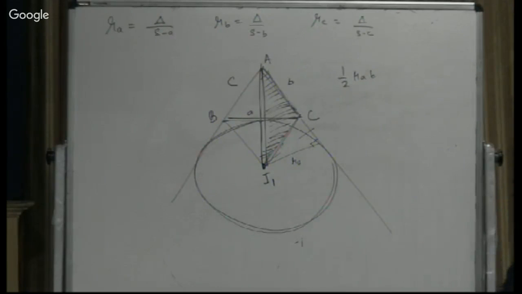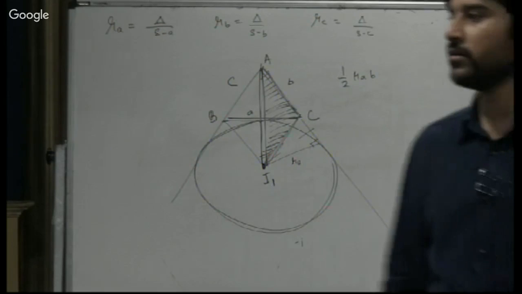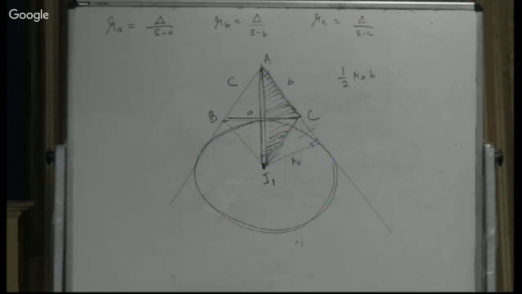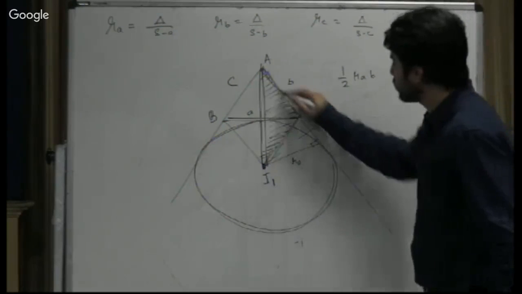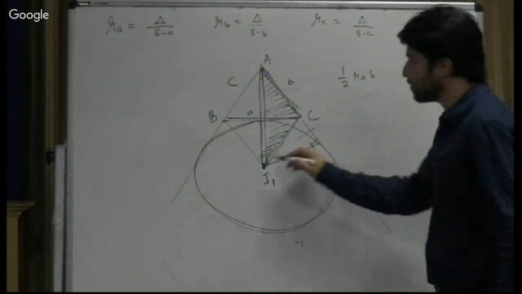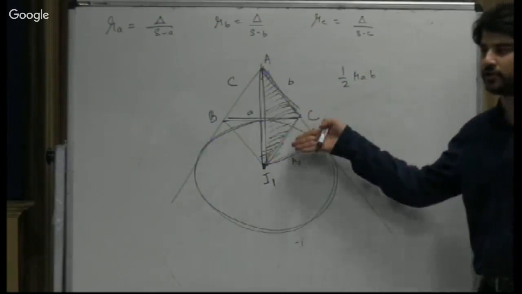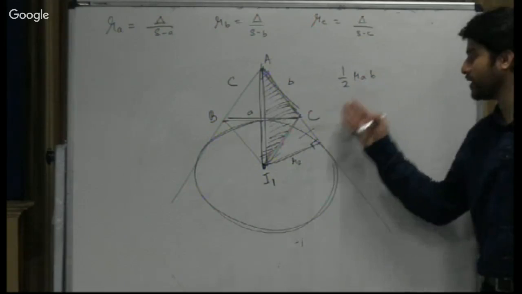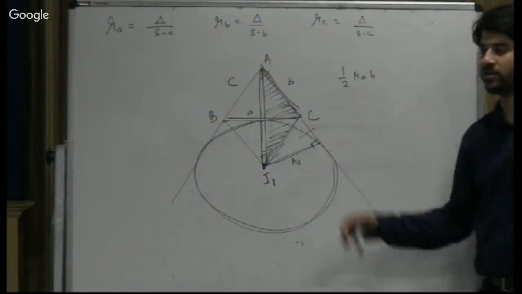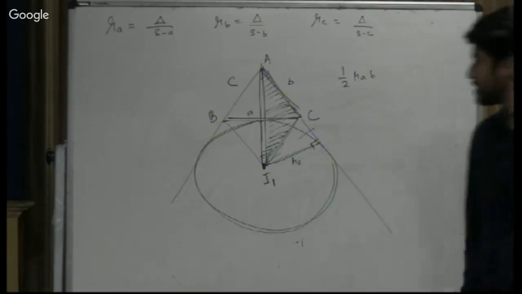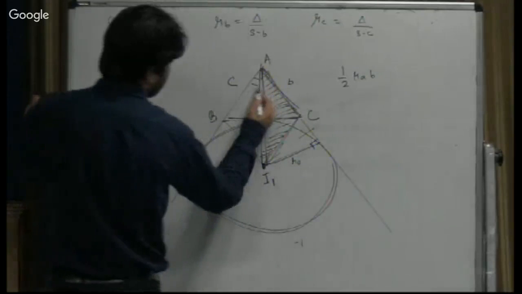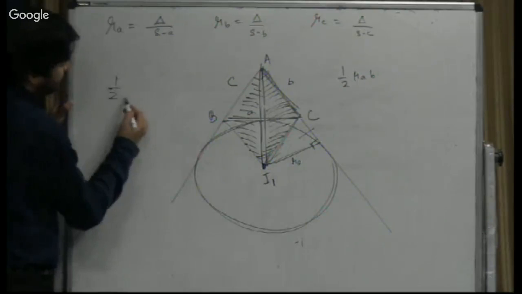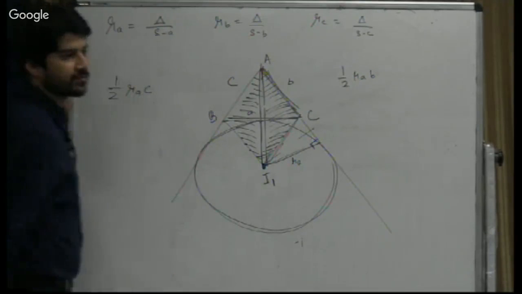Can I say the area of this shaded triangle, the obtuse triangle, would be, see, this is your base, the height would be this, right? It's basically an obtuse angle triangle, so that's why you have a height outside, right? So I can say the area of this shaded triangle is this, and similarly the area of this would be half RA times AC.